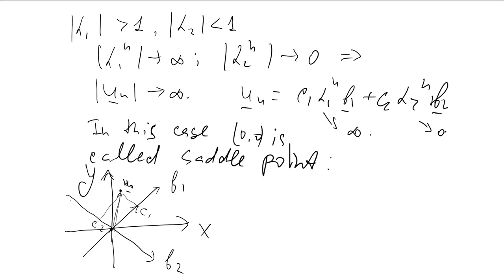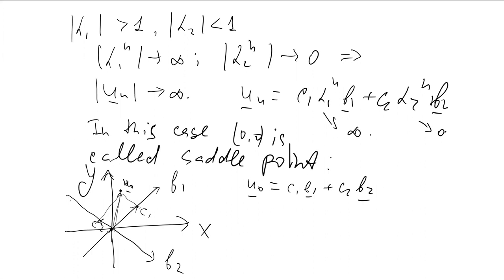It has component c1 along vector b1, c2 along vector b2, because you remember, u0 is c1 lambda 1 to the power of 0, which will be 1. It will be c1 b1 plus c2 b2, and therefore c1 b1 is this vector and c2 b2 is this vector.